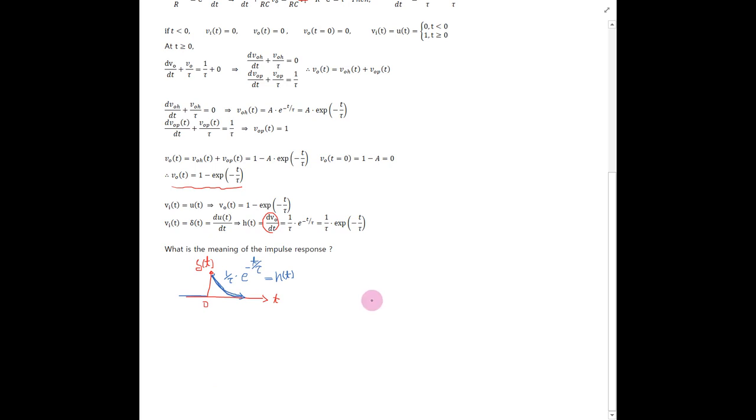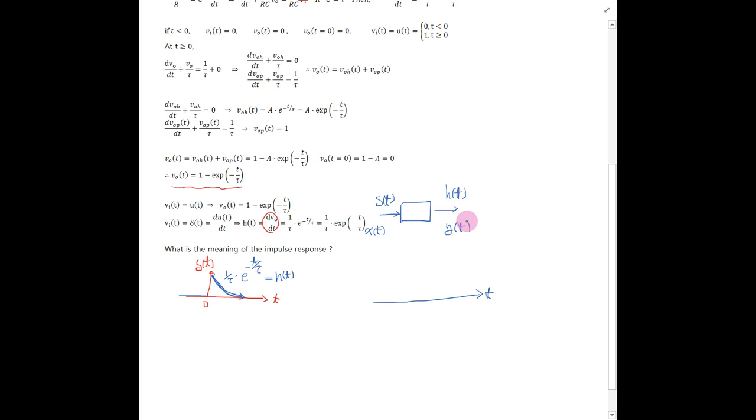this is time. Okay, so for the same system, if we apply the impulse here, then the output is this one. Then if I apply any input, what will come out? y(t).